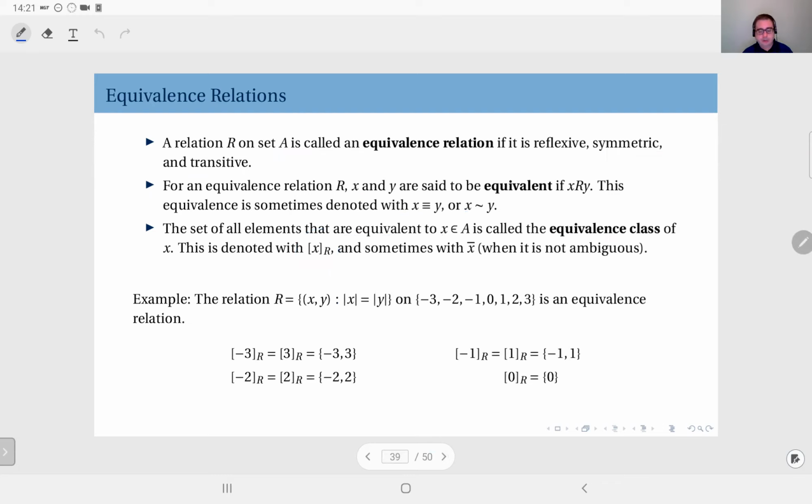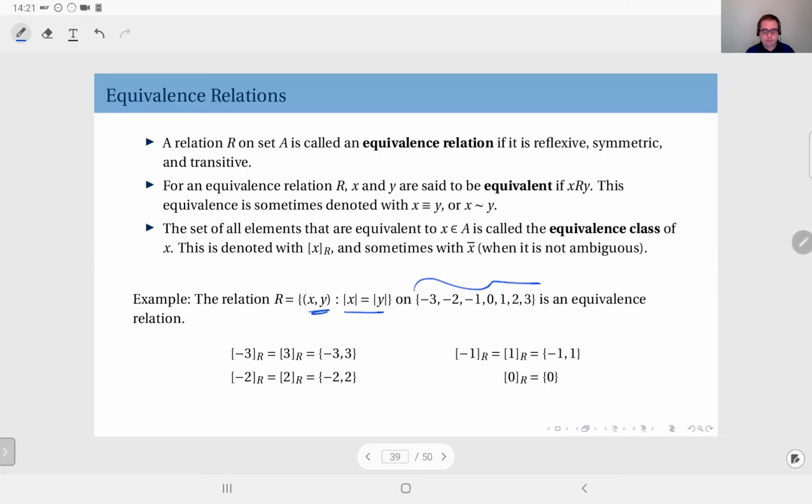Here's an example. Let's define the relation R on the set of integers from -3 up to 3, the set of ordered pairs such that the absolute values of x and y are equal. Now, obviously, -3 is equivalent to -3, and -3 is also equivalent to 3 via this relation.